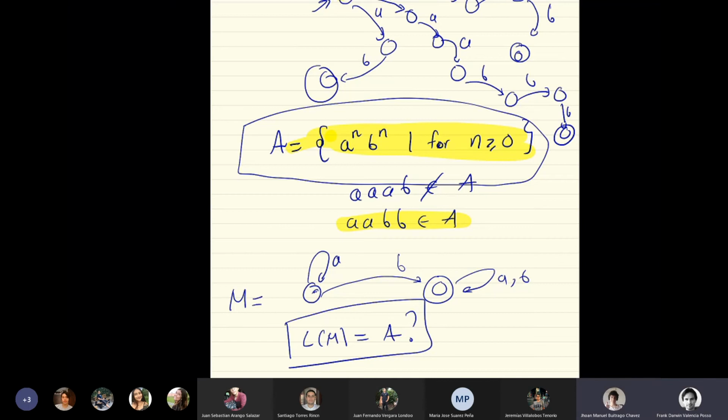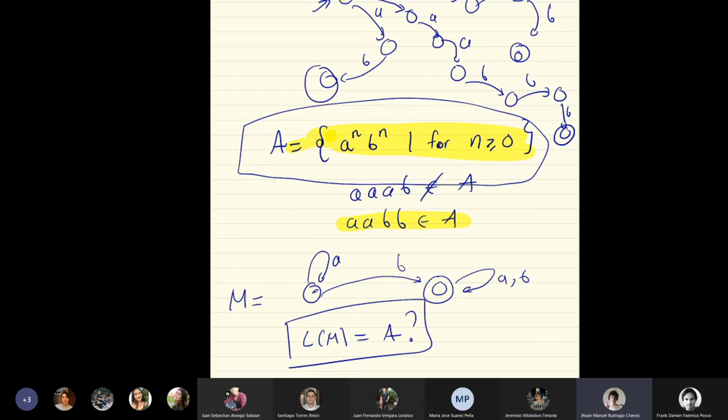I have a quick question, please. When we have this set A, all the strings that come out have to have this property. That's what it means. Yes. Not come out, nothing comes out here. It's just accepted or not.